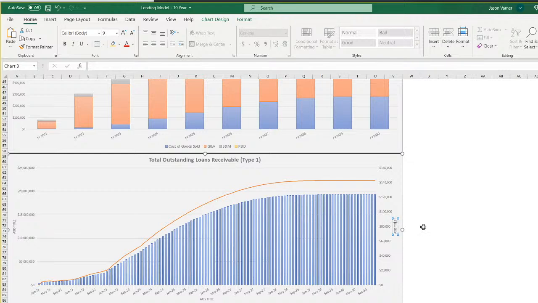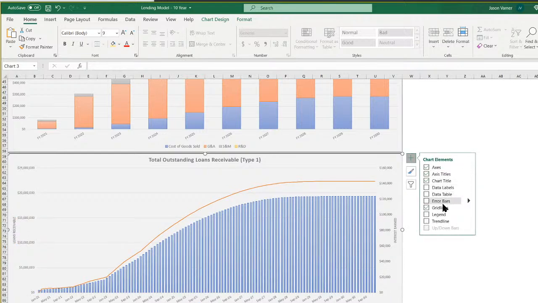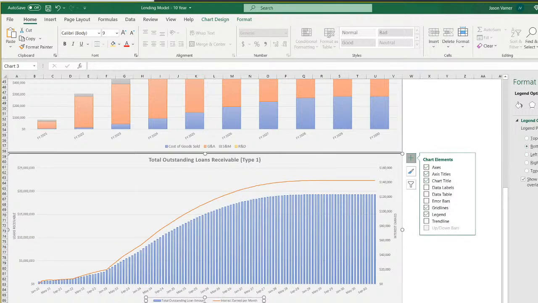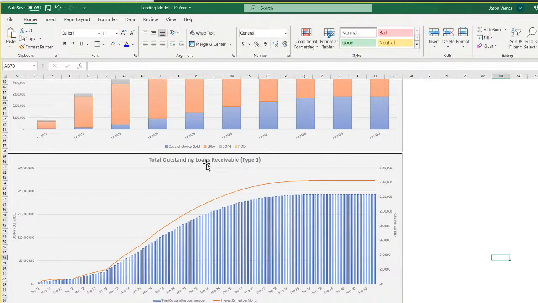So this is interest earned versus outstanding loans receivable. And then we don't need this, but we do want a legend now. And so we're going to show this for type 1, 2, and 3 loans, as well as on a whole.